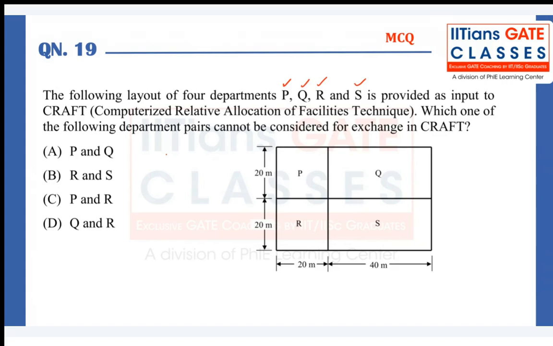Let us see the first one. First, we'll check the P and Q option. P's, Q's, R's and S's dimensions are given. Now, first we'll highlight that.